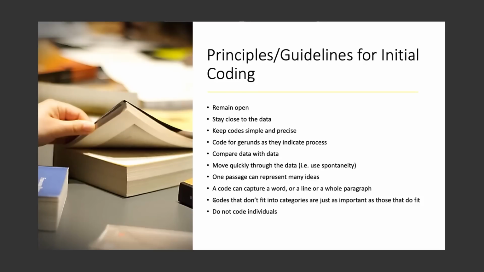Later, once we're on one of the final set of articles that we're analyzing, we're going to have a list of themes that we think represent the data, and we're going to be continuously refining those themes to better represent the data as we look at it. At this point, you have to keep in mind that codes that don't fit into our list of themes are just as important, if not more important, than those codes that fit nicely.